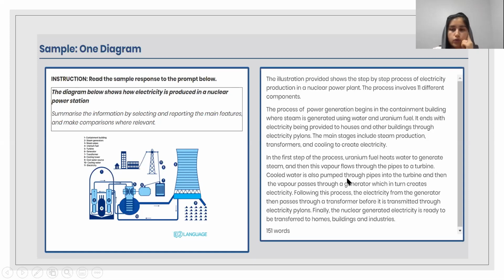And you can also use this form of the tense in here, because we don't exactly know if it's in the past or in the future, but when we use this tense, it shows the process of what's happening in the diagram.